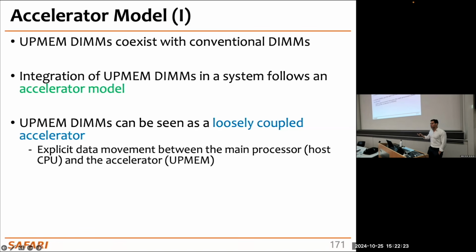A loosely coupled accelerator is any accelerator that requires explicit data movement between whatever host memory that you have and whatever memory that the accelerator has. One good example of a loosely coupled accelerator is GPUs. The alternative is a tightly coupled accelerator, where the accelerator sits in the same address space as the processor itself.